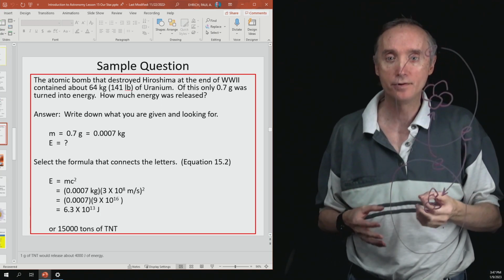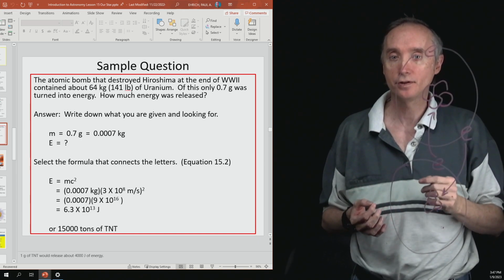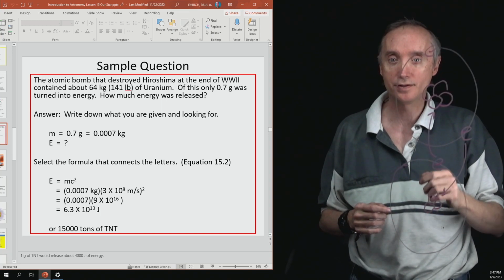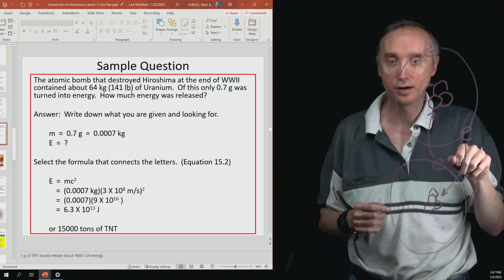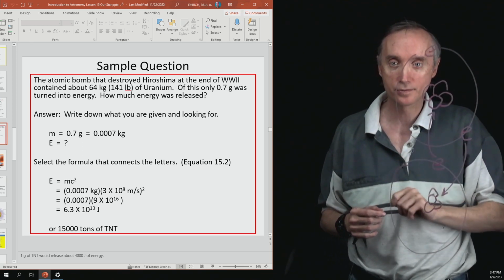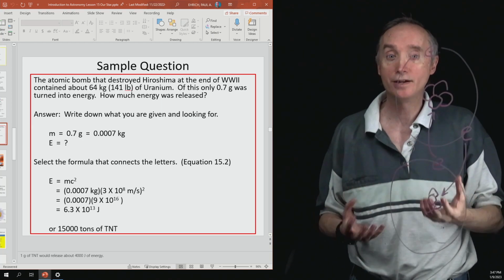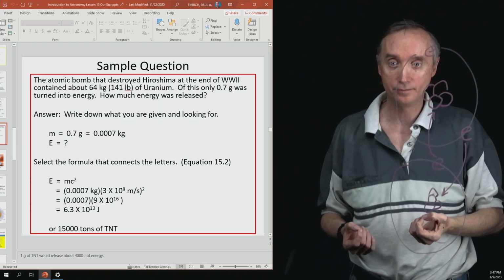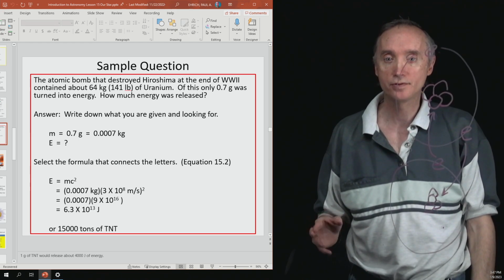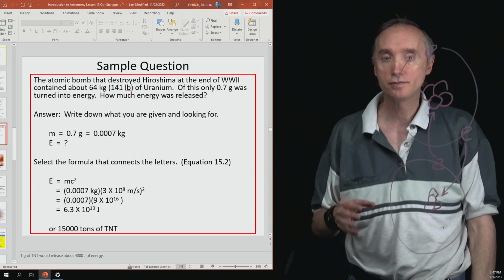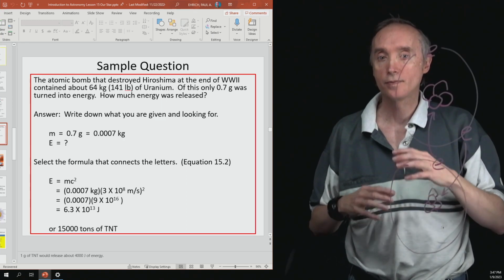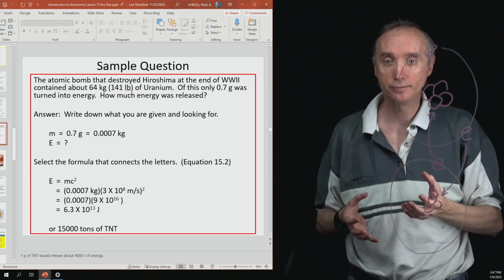So we write down that the mass is 0.7 grams, but that's the wrong unit. The official metric unit is not the gram, it's the kilogram. So we got 0.0007 kilograms. And we want to know how much energy was released, so that's the letter E. So our formula says to take the mass, 0.0007, times the speed of light, which is 3 times 10 to the 8th, squared, so we have to square it.